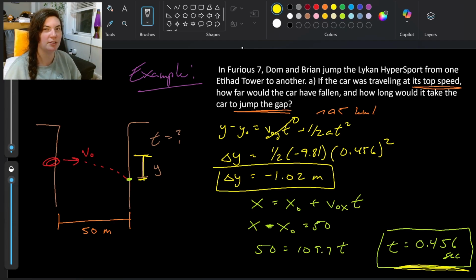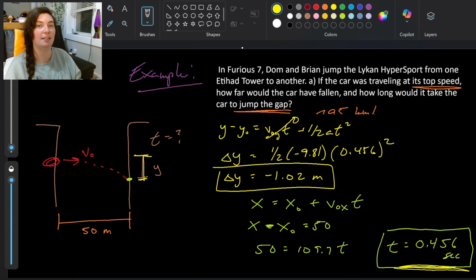But I guess a better question is, is this very realistic? Is this something that's realistic for the car to even be leaving the tower at the top speed? And the answer is probably not.